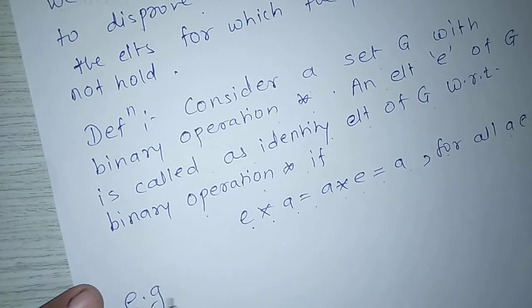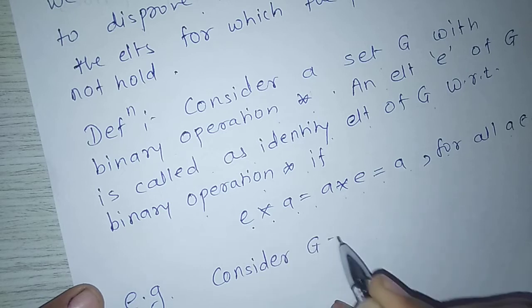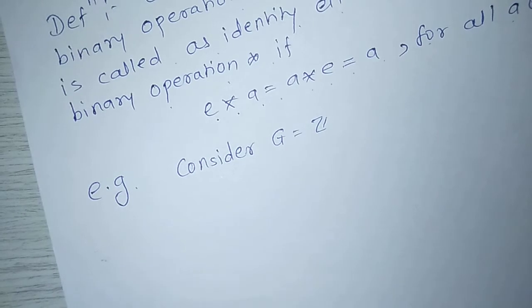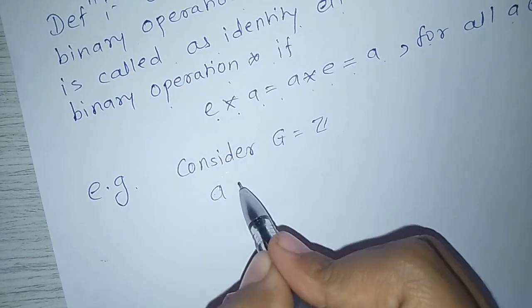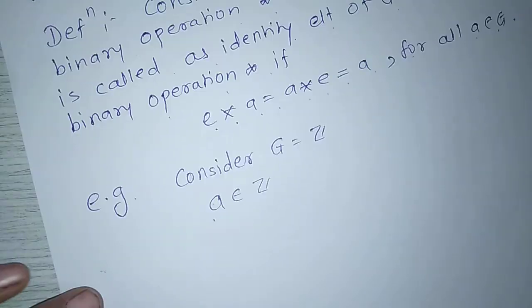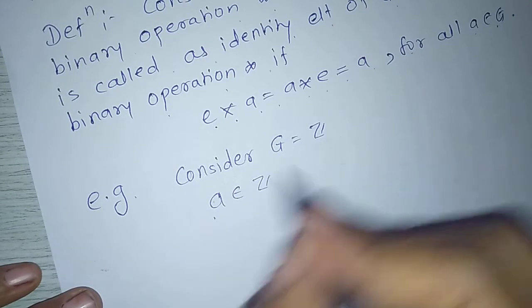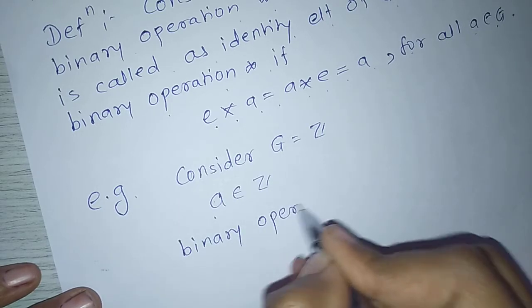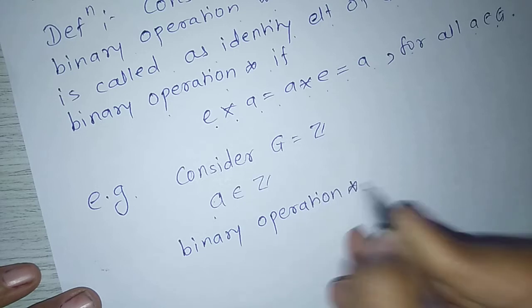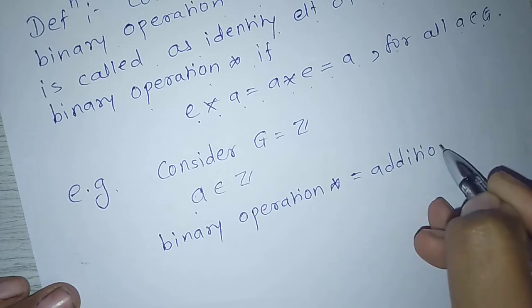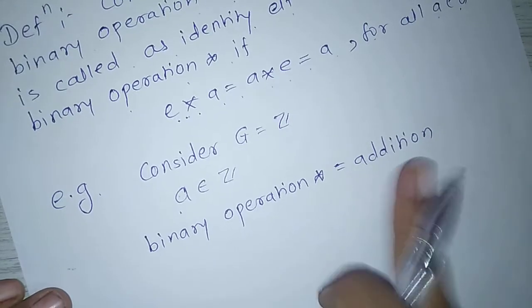For example, consider G equal to Z, A belongs to Z where A is integer. Also binary operation star take as addition, means here star is nothing but the addition.